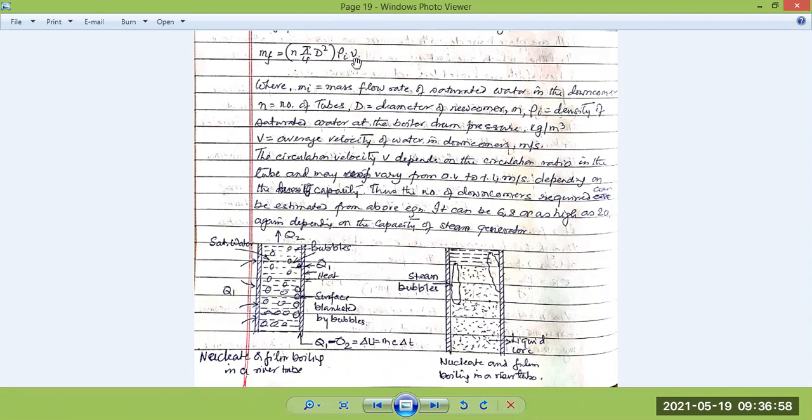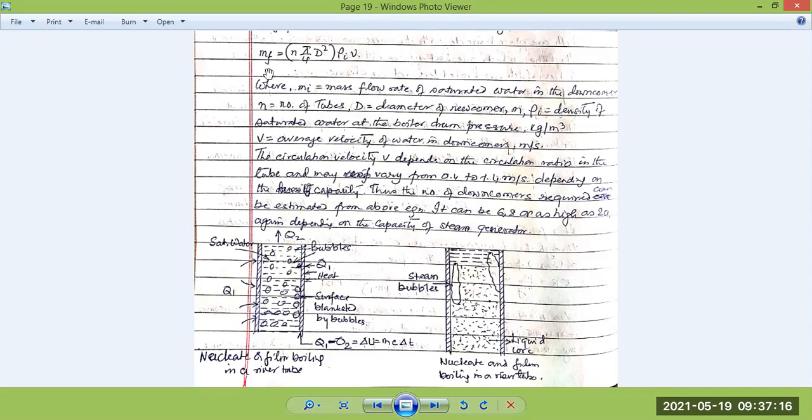D is the diameter of the downcomer, and N is the number of tubes.